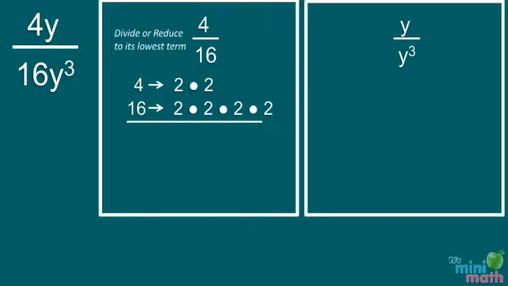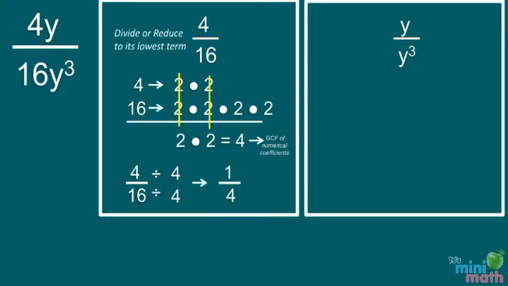Then we're going to get the common factor. We have here 2 and another 2. If we multiply that, that is 4. Therefore, the GCF of numerical coefficients is 4. So we're going to divide the numerator and the denominator by the GCF, so we'll get 1/4. Therefore, the lowest term of 4 over 16 is 1/4.